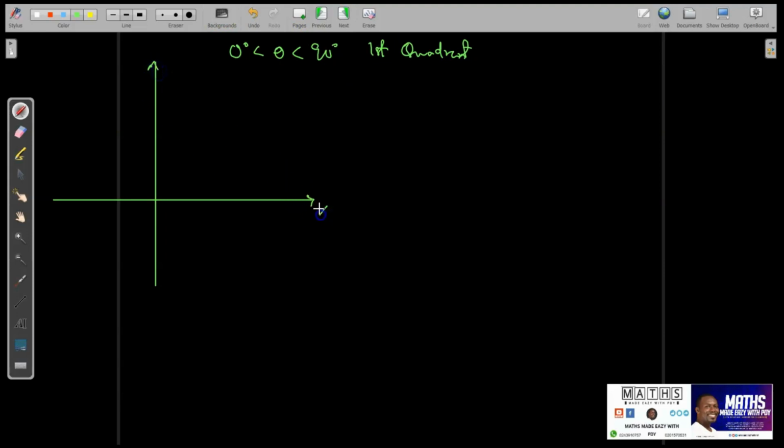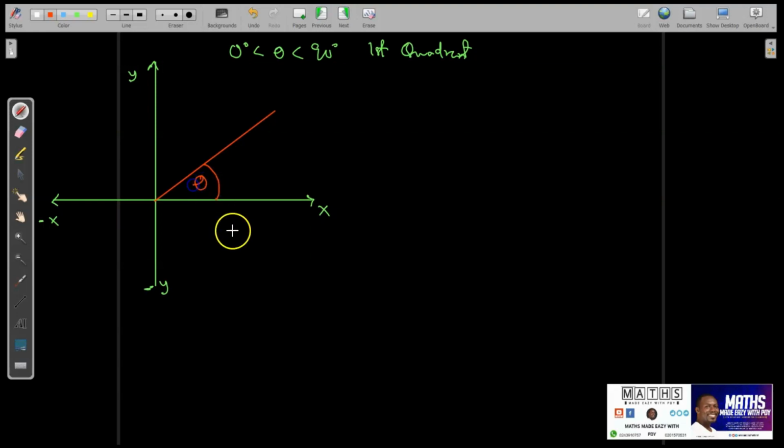So we have our x here, we have our y there. But remember, all values on the other side of x are negative, and all values on the other side of y are also negative. If you have any terminal line drawn in the quadrant system, so I have this terminal line here, and I introduce an angle here.